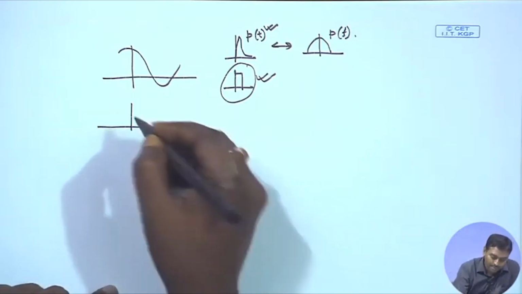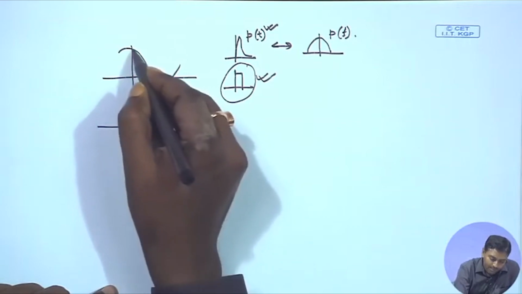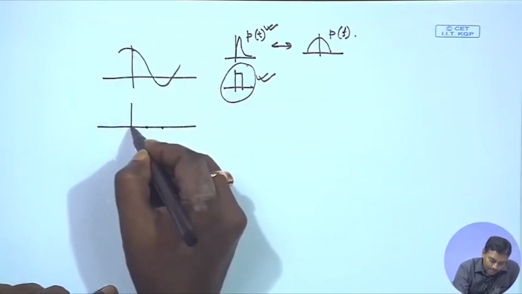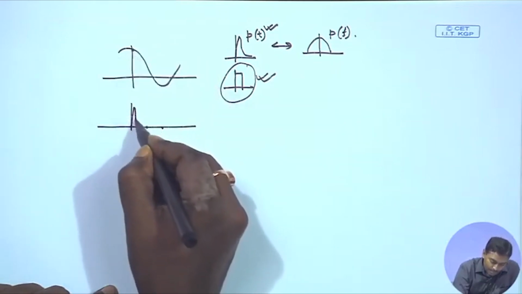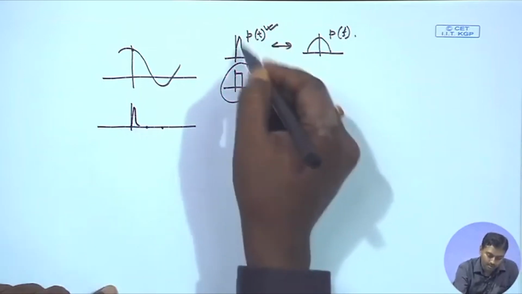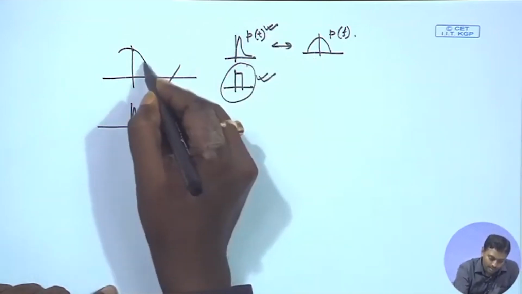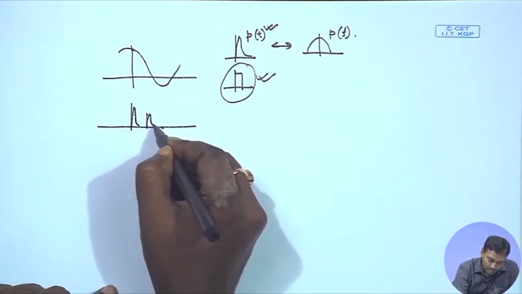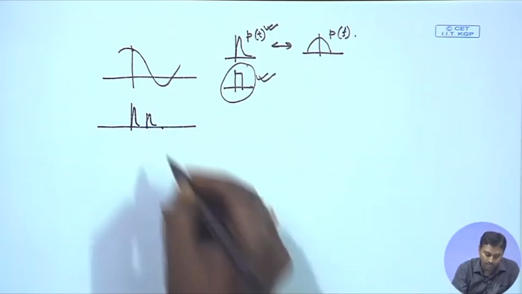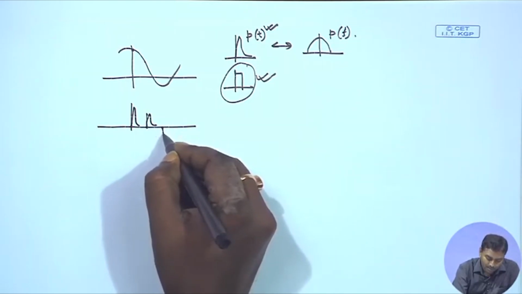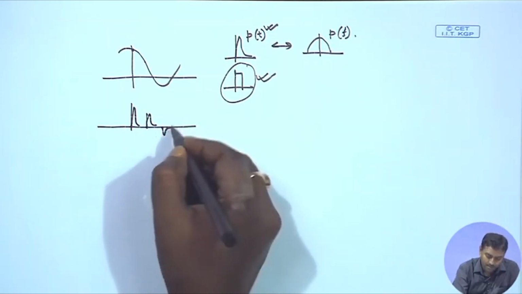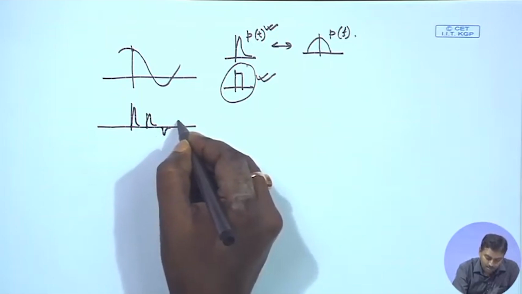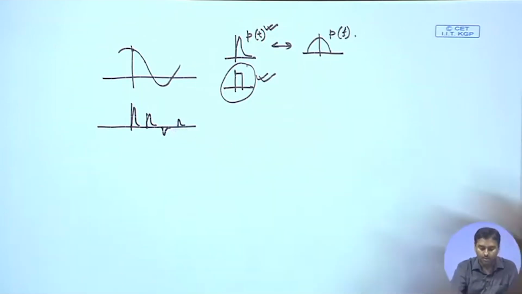Now what is happening is that each sample will be multiplied by this kind of pulse similar to p(t). This one will have a little less amplitude and so on. So, this will become something like this, here it will become something like this, and so on.